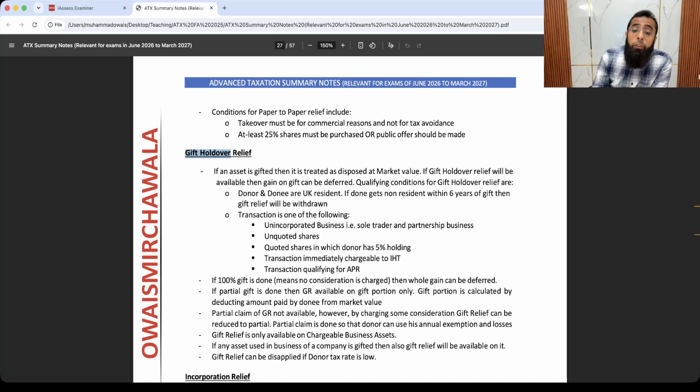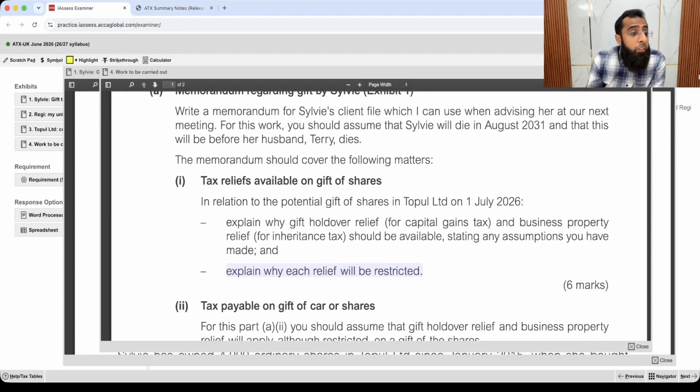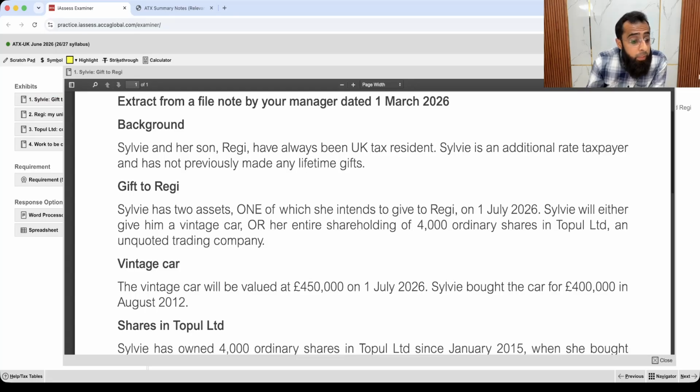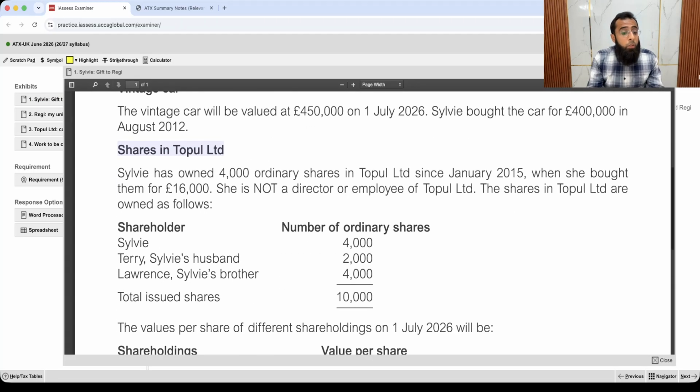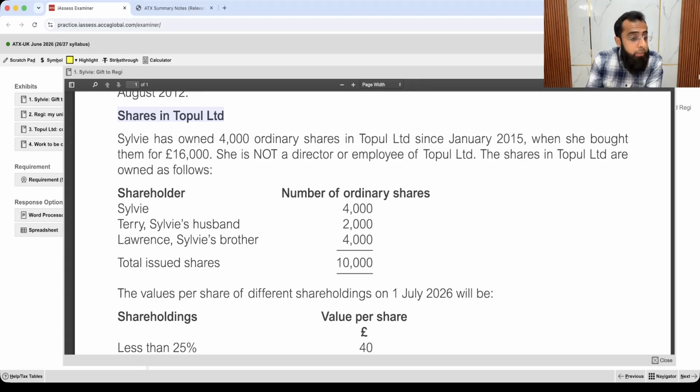Donor and donee are UK resident. Transaction is one of the following. It's a gift of unquoted company shares. And if it were quoted company shares, the donor should have a 5% shareholding. If I look at Topul Limited, it is obviously not a quoted company because it's owned by these three people: Sylvie, Terry, Sylvie's husband, and Lawrence.